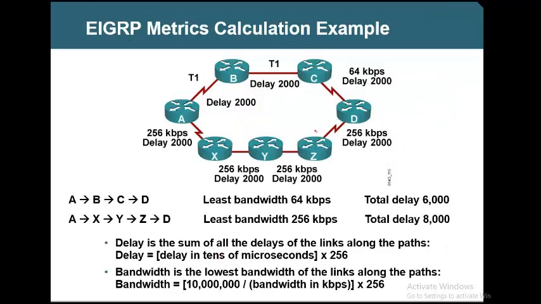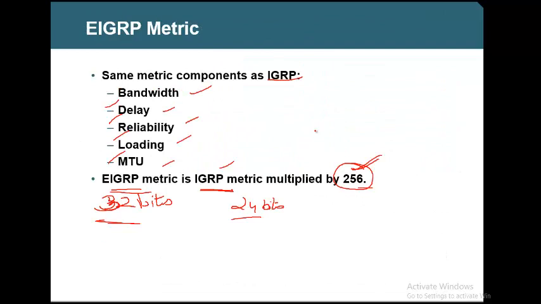Now let's go back. So the metric of EIGRP and IGRP is the same: bandwidth, delay, reliability, load, and MTU. But the number of bits that are used to calculate the metric is not the same.